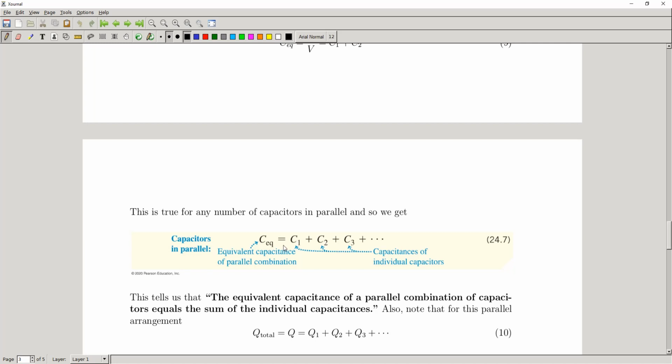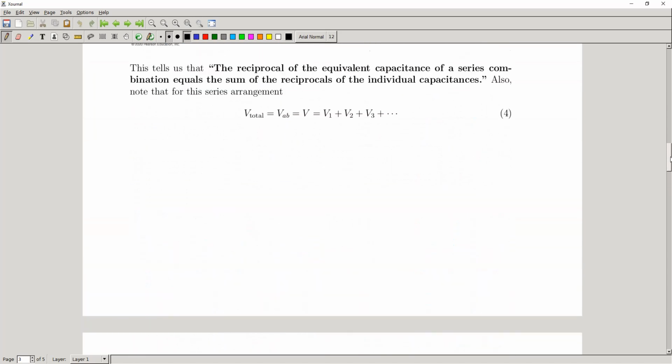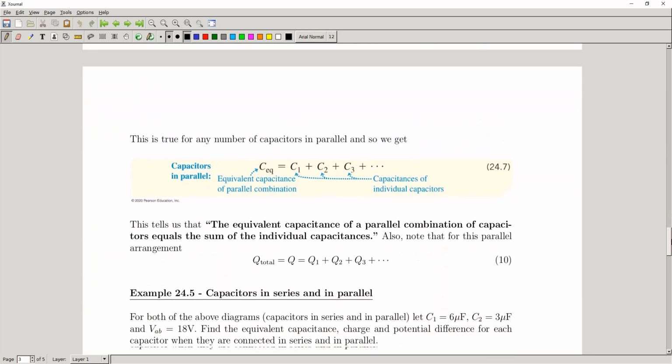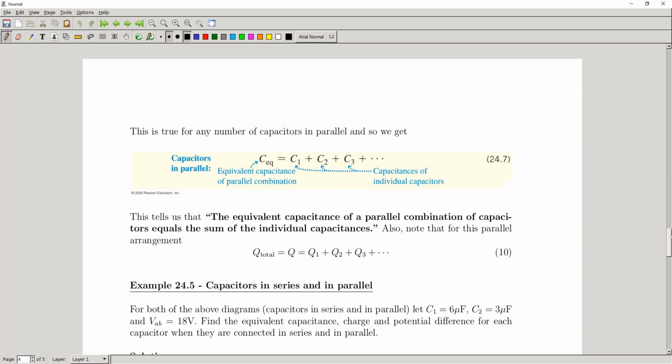Okay, so the equivalent capacitance of our single capacitor that is going to replace however many capacitors in parallel is going to be that we're going to need our equivalent capacitance to be equal to C1 plus C2 plus C3. So no longer the reciprocals, which is what we needed for capacitors in series, but now it's just the sum of all the different capacitances. And again, this is telling us that the equivalent capacitance of a parallel combination of capacitors is the sum of the individual capacitances, like this quote from the text here.